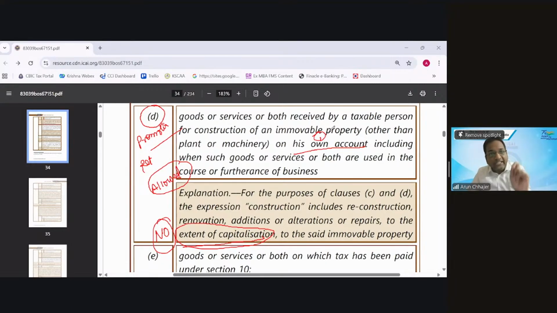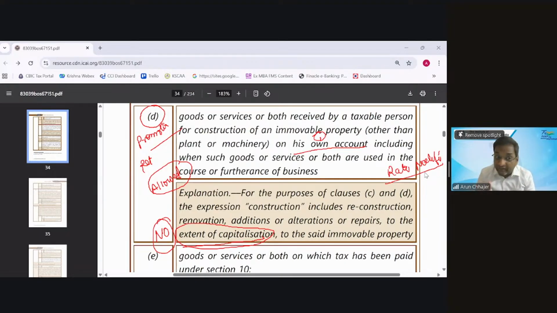That could be attributable to multiple reasons. Like in this example, the ITC is not available to the promoter developer because of the rate notification. They are saying that if it is affordable and if it is non-affordable, they have specified the rate, and also they are saying you are not allowed to take ITC.